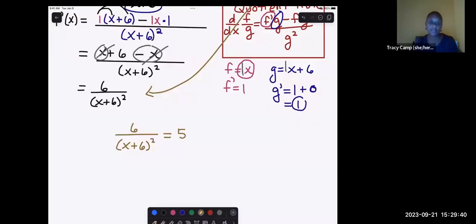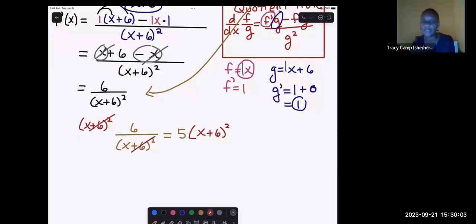I wanted to give myself some room because I see that I have a fraction here. In general, if you have an equation that involves fractions, you can get rid of the fraction right away by multiplying both sides of the equation by the denominator. So that's what I'm going to do right off the bat.